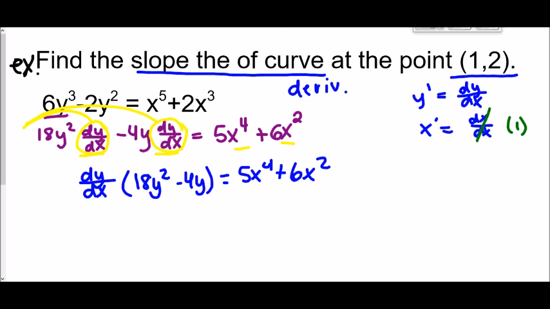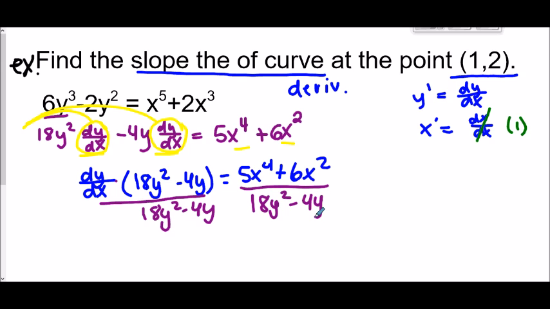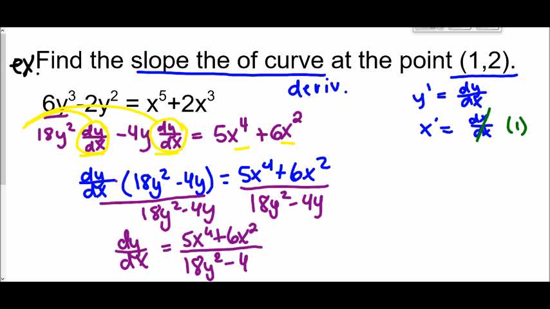And then the last thing to do, right now this is times, so I need to divide both sides by 18y squared minus 4y. So dy/dx, our derivative, is 5x to the fourth plus 6x squared all over 18y squared minus 4y.